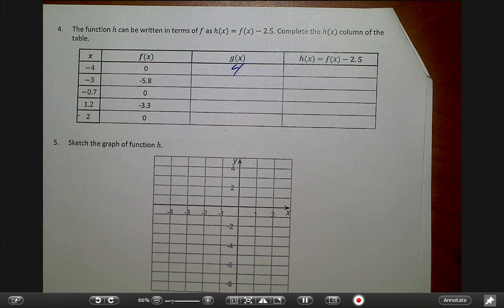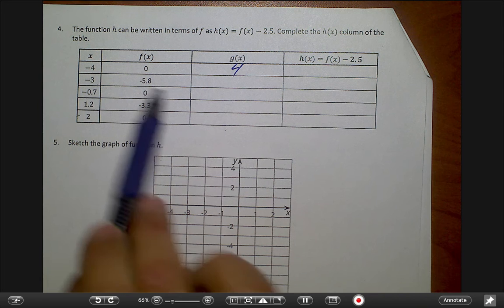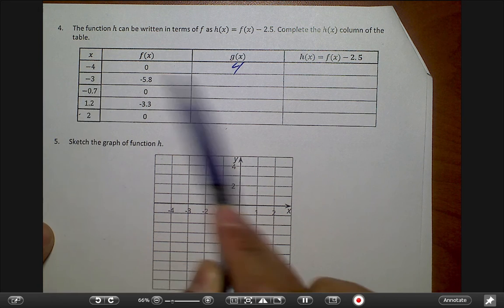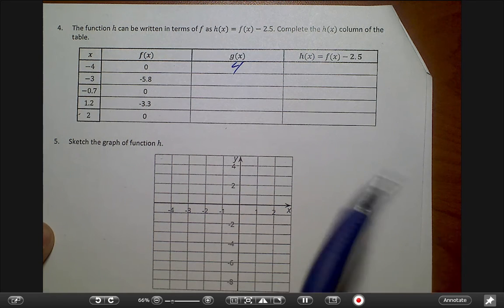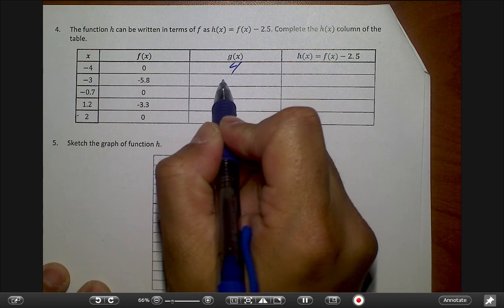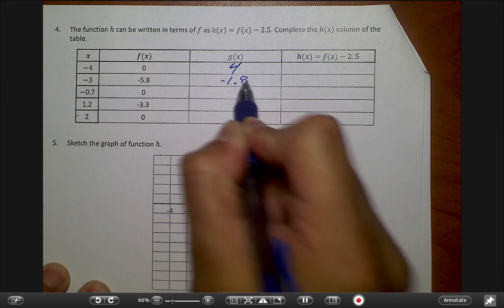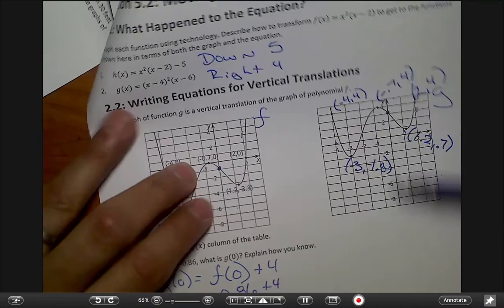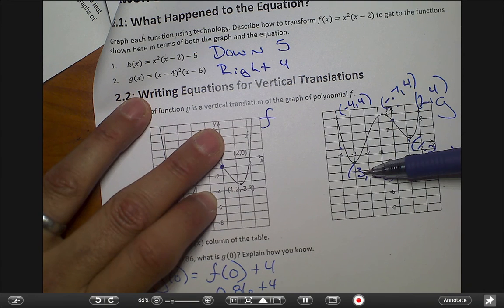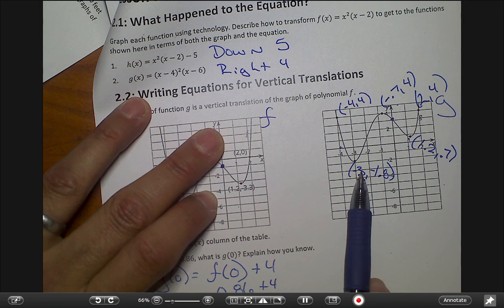Are we putting the x or the y? Your x's are already here. So when x is negative 3, the y value was... This is negative 1.8, right? Rafa, look. That's exactly the y. No, this is the x. X is this, right? It was negative 1.